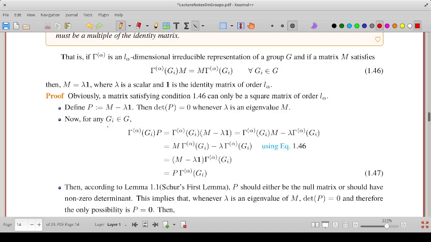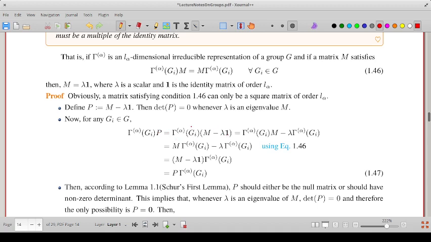Now, for any element Gi of the group G, consider the product gamma alpha Gi times P. So this is equal to gamma alpha Gi times M minus lambda times 1.